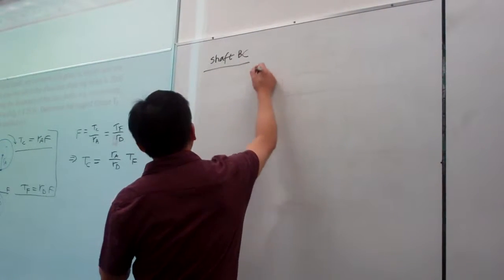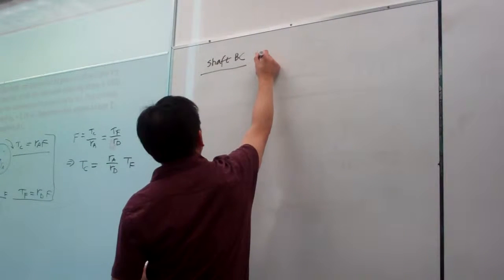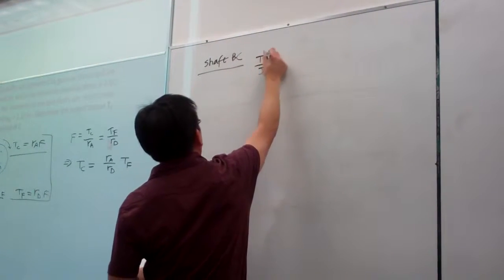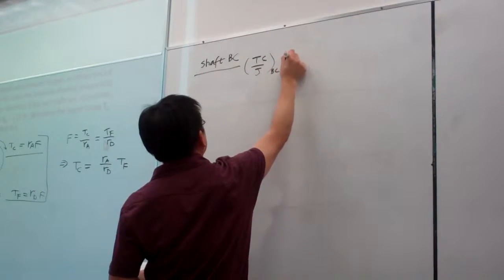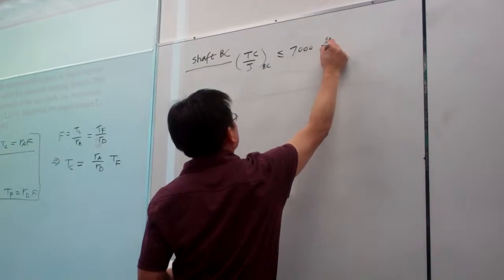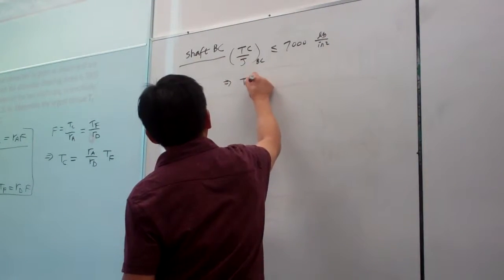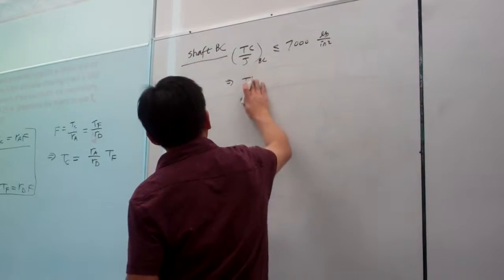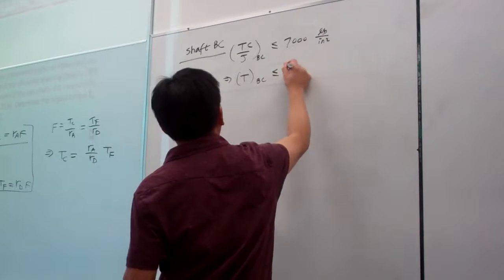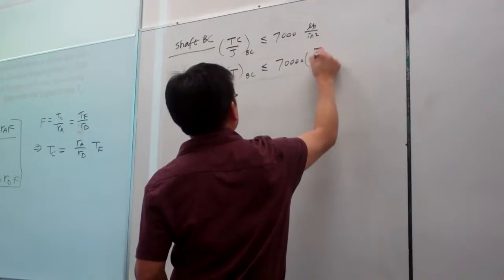So that means here TC over J for shaft BC is less than or equal to 7,000 pounds per inch square. So therefore, the torque in shaft BC must be less than or equal to 7,000 multiplied by J over C for BC.